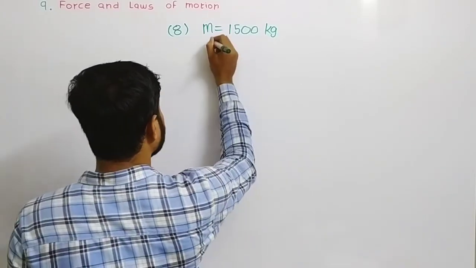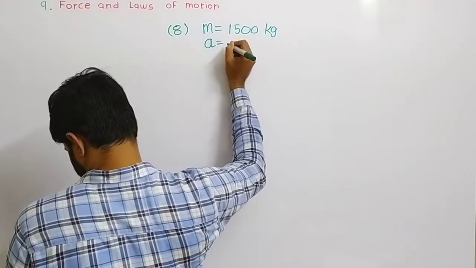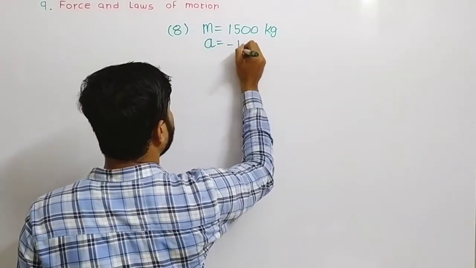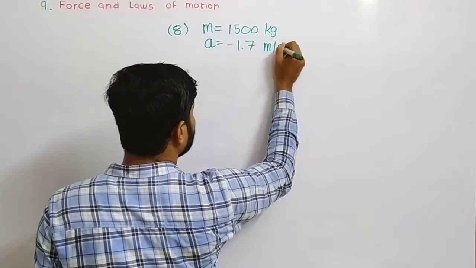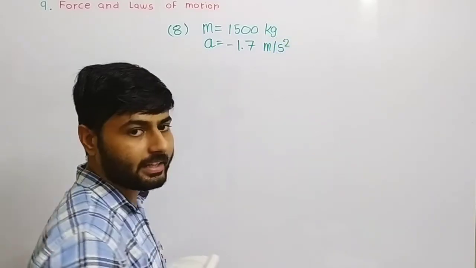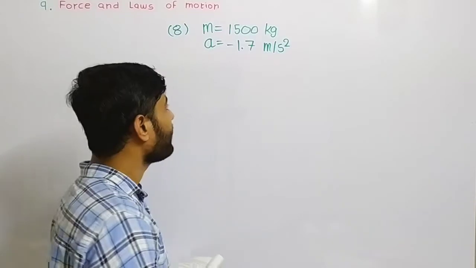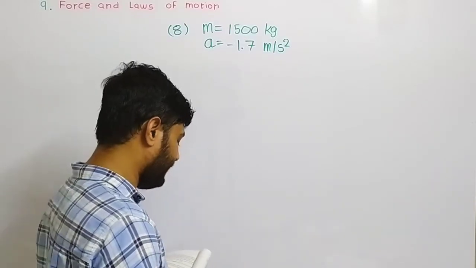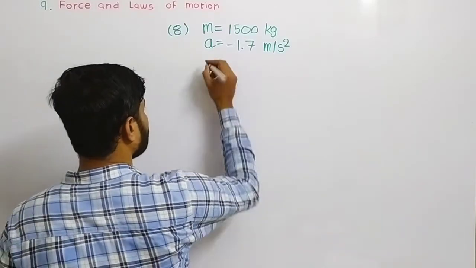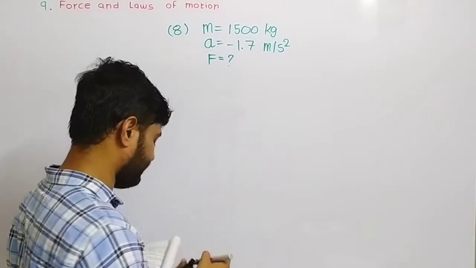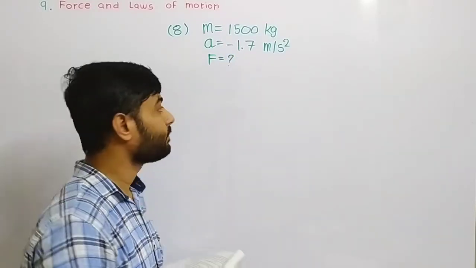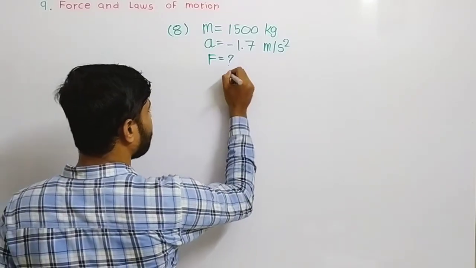So acceleration is equal to minus 1.7 meter per second square. That is negative acceleration, and we have to find the force. So F is equal to question mark.